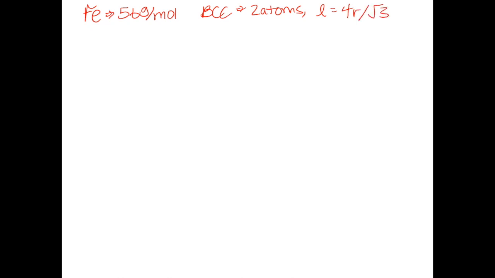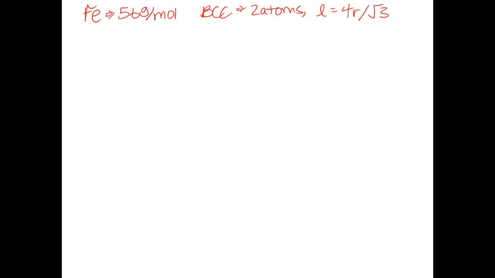So we get iron. Iron is Fe. If you look up the molar mass for iron on the periodic table, you get 56 grams per mole. This was a body-centered cubic, which means I have 2 atoms per unit cell, and my length is equal to 4r divided by the square root of 3.